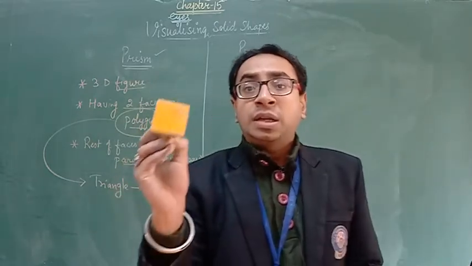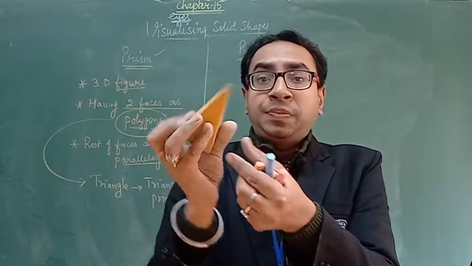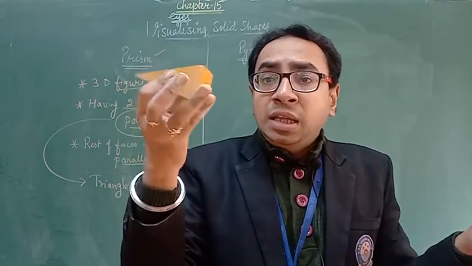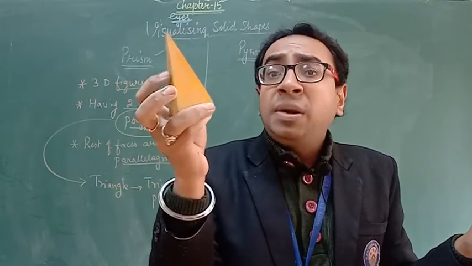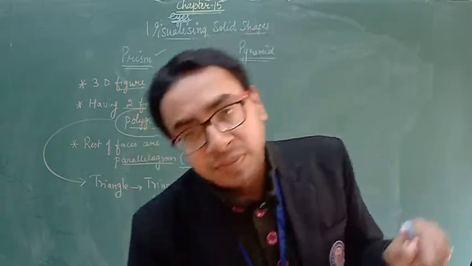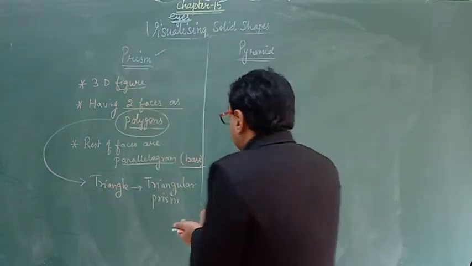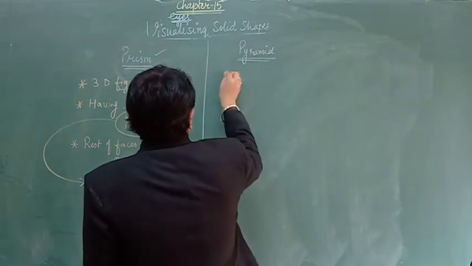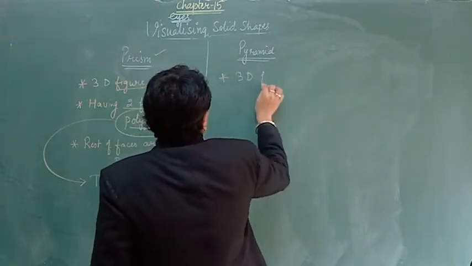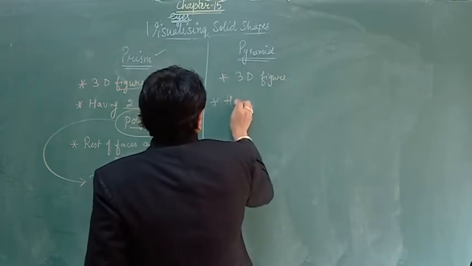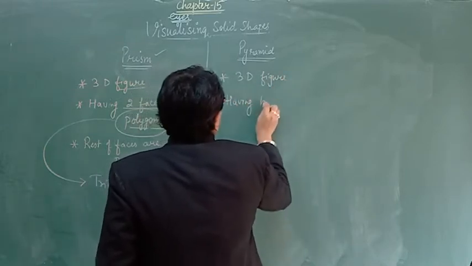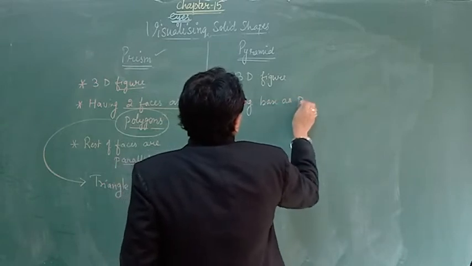Observe the pyramid now clearly. What do you observe? The base is in some other shape, a polygon, but the rest of the faces are triangular in shape. Yes, this is what a pyramid is: a 3D figure having base as a polygon.